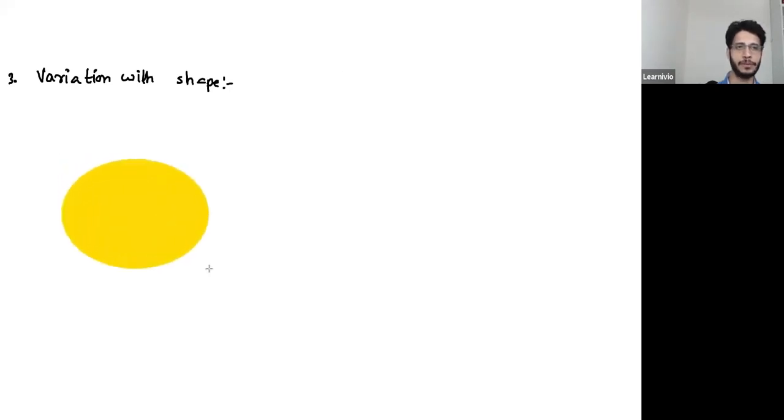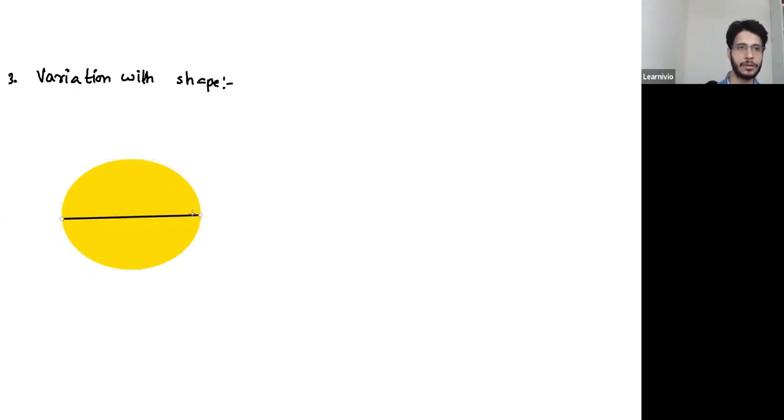There is one more variation, that is variation with shape. One last variation, that's variation with shape. See, as you know, Earth is not a perfect sphere. Earth is basically an ellipsoid. It's ellipsoidal. This is how the shape of Earth looks like.